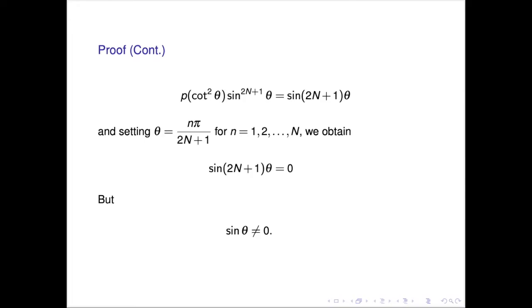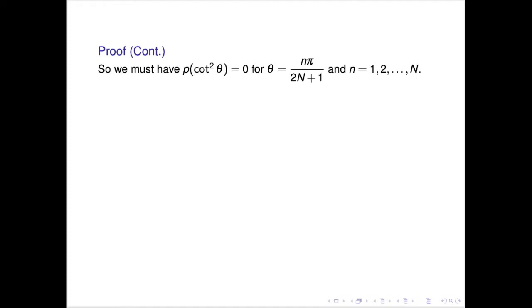On the other hand, sin((2N+1)θ) is always equal to 0 because the factor of 2N+1 cancels out in the numerator and denominator, and what we're left with is sin(nπ), where n ranges between 1 and capital N, and sin(nπ) is always 0. So for these capital N different values of little n, sin((2N+1)θ) equals 0, and this expression is on the right hand side.